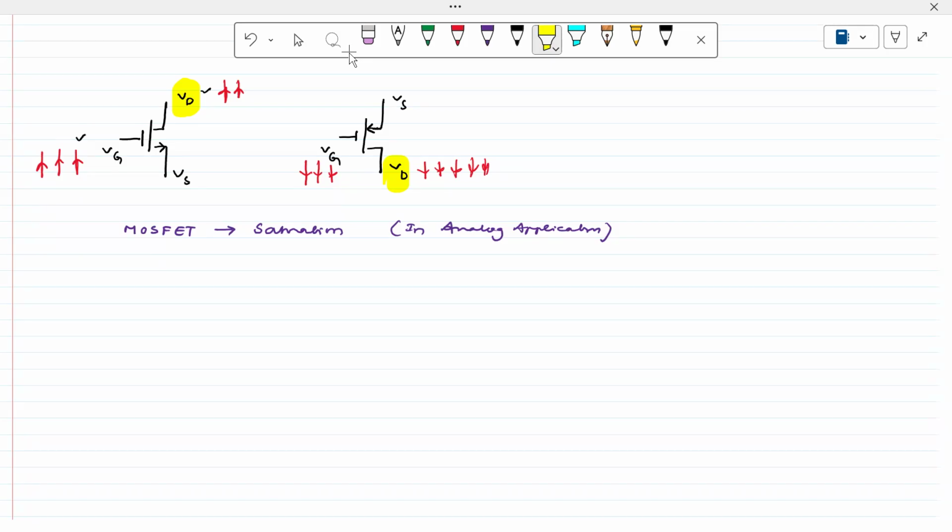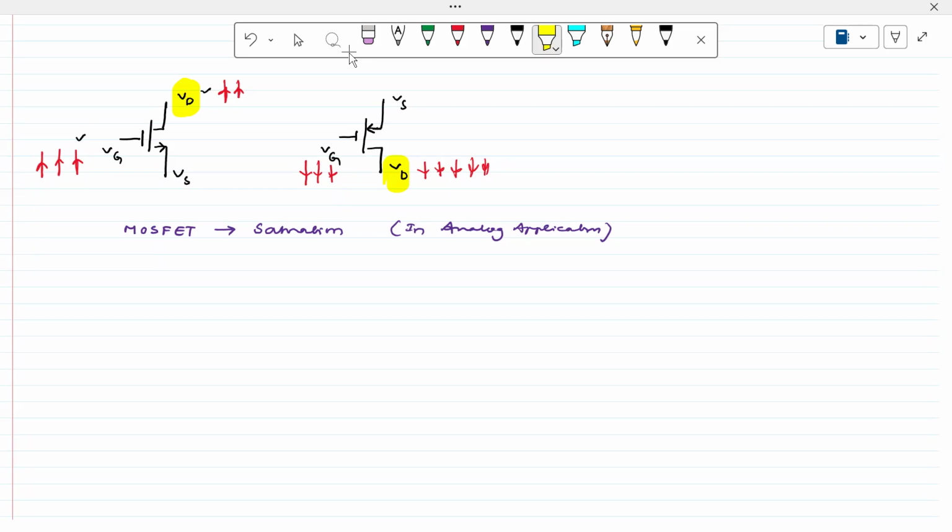Compared to the gate and the threshold voltage altogether, we have to say like that. By looking at it directly, if the drain potential is more, we can say so, but definitely we have to take care about the threshold also.